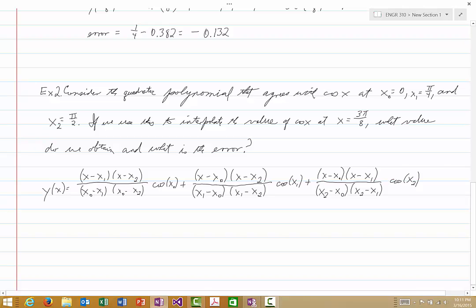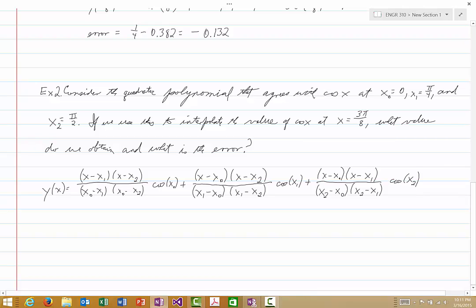So we just get y of x0 equals cosine of x0, which is exactly what we want. Remember, we want our interpolating function to agree with cosine x at x0, x1, and x2. And so this formula will guarantee that it agrees with cosine at x0. And likewise, you can check, and it also agrees at x equals x1 and at x equals x2.